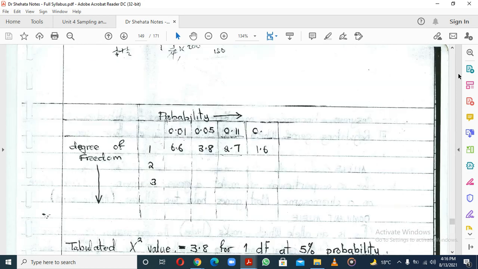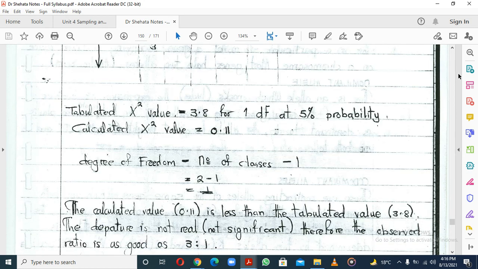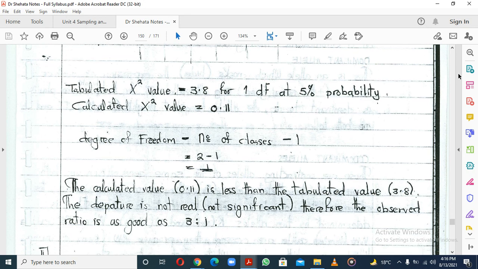So you see, because our calculated value is less than the tabulated value, therefore the departure is not real, it's not significant, therefore the observed ratio is as good as 3 to 1. That makes sense, right? So the values that we've observed are as good as 3 to 1.